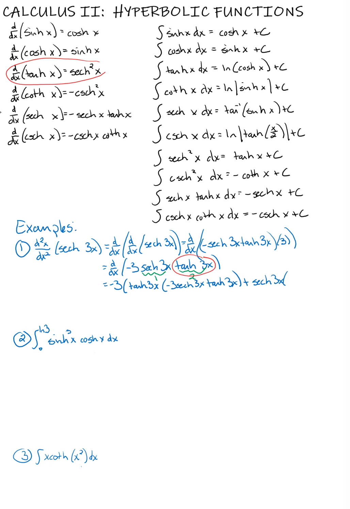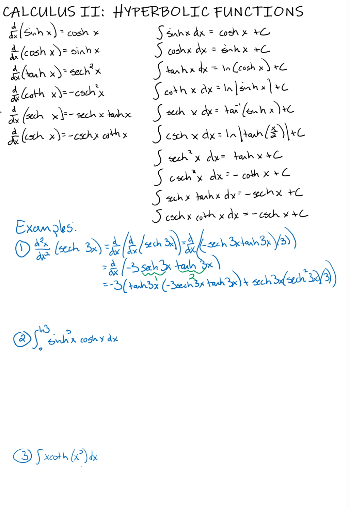I'm going to use the hyperbolic tangent rule up at the top. That's just hyperbolic secant squared. But again, chain rule will end up with an extra 3 in the front. Let me go ahead and just write it in order. It's going to be the hyperbolic secant squared, 3x, and then times another 3.